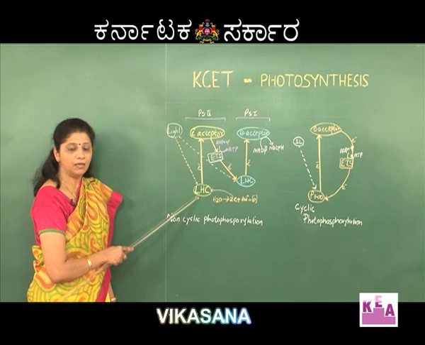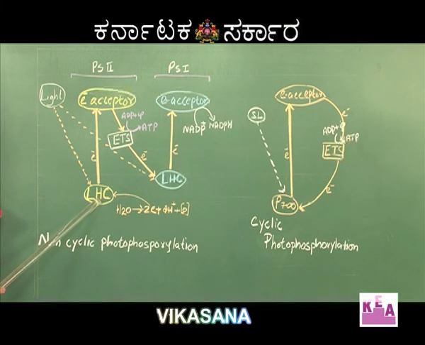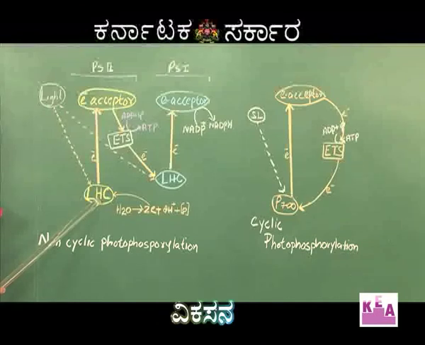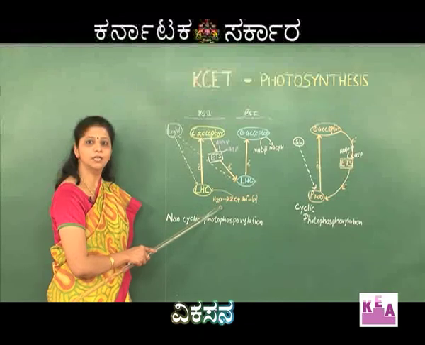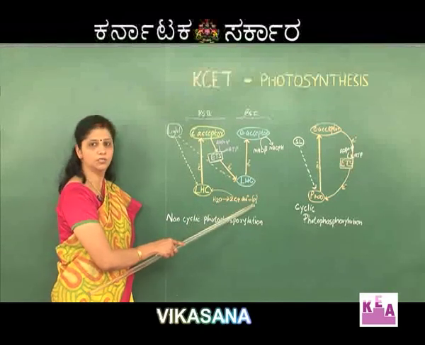What is happening here? In the PS2, with the oxygen evolving complex, one more process will be taking place, that is the photolysis of water. Water will be splitting into H plus ions, electrons and oxygen.